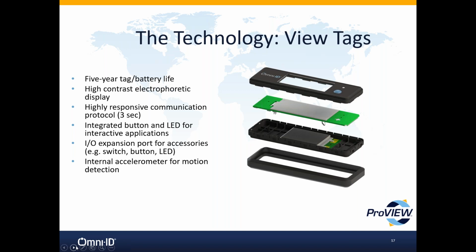That's a really handy accessory port that many of our customers use in many different ways. So anything that can toggle a pin or be toggled by a pin, because we can do output and input on those 4 pins, are possible through the tag, creating a true IoT solution that can communicate with many different things. And I mentioned before that there's an accelerometer there for motion detection, which is very helpful when you want to know if your goods have stopped or started or understand their path of travel.